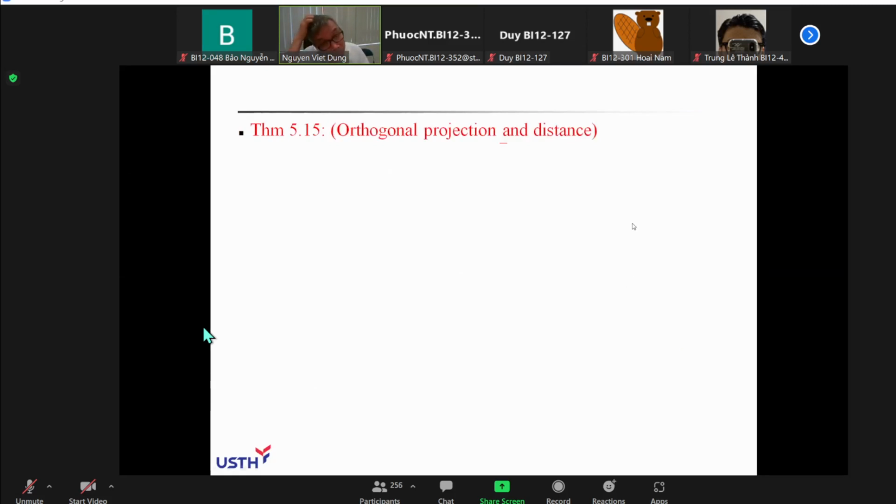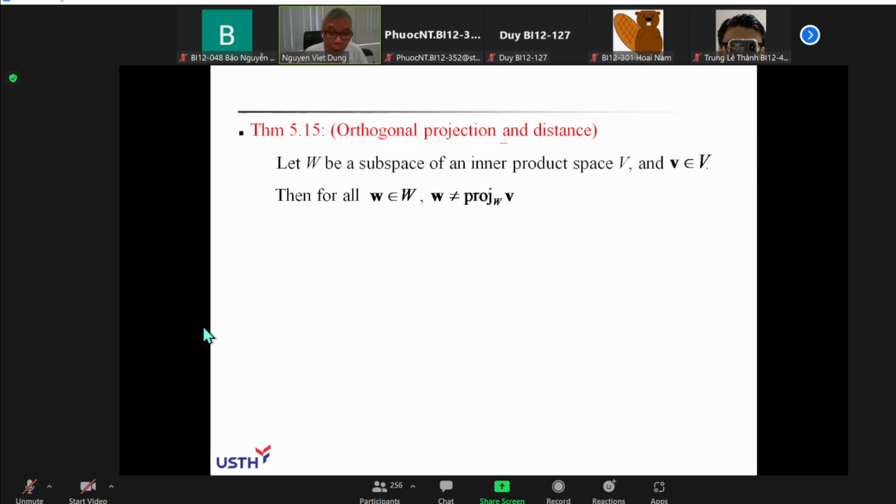Once again, the orthogonal projection has a very interesting property concerning the notion of distance. It is here. I write it and then I will show you by the picture. Suppose that W is any subspace of an inner product space V, and v is any vector inside here.